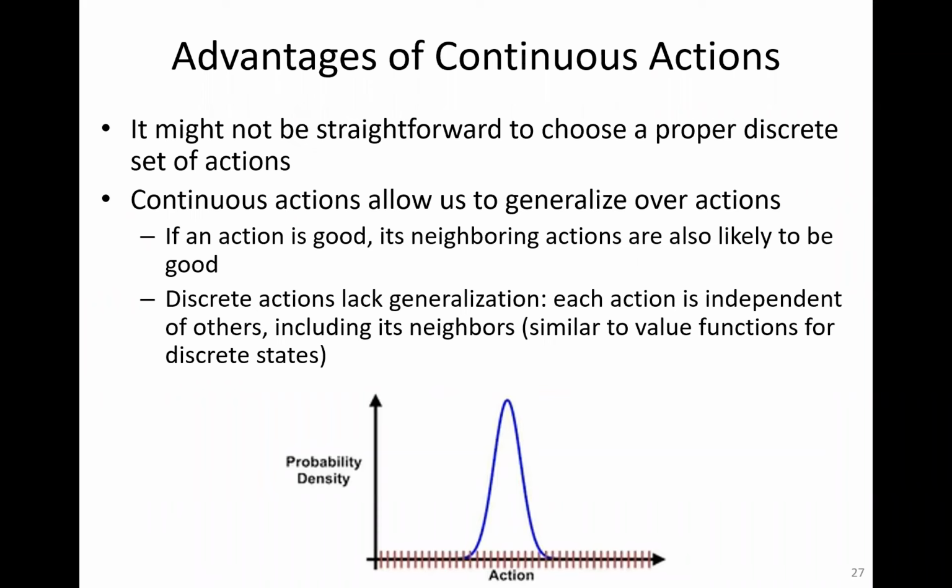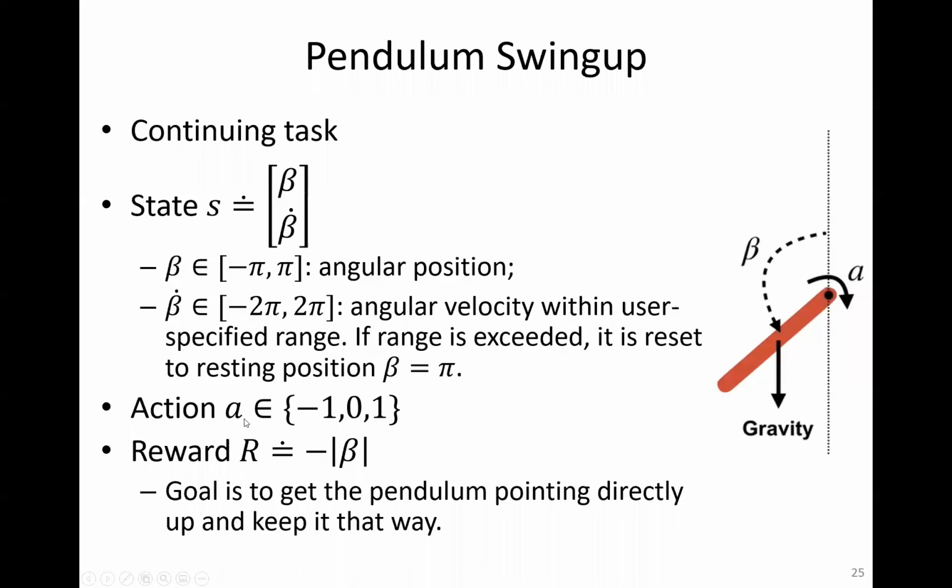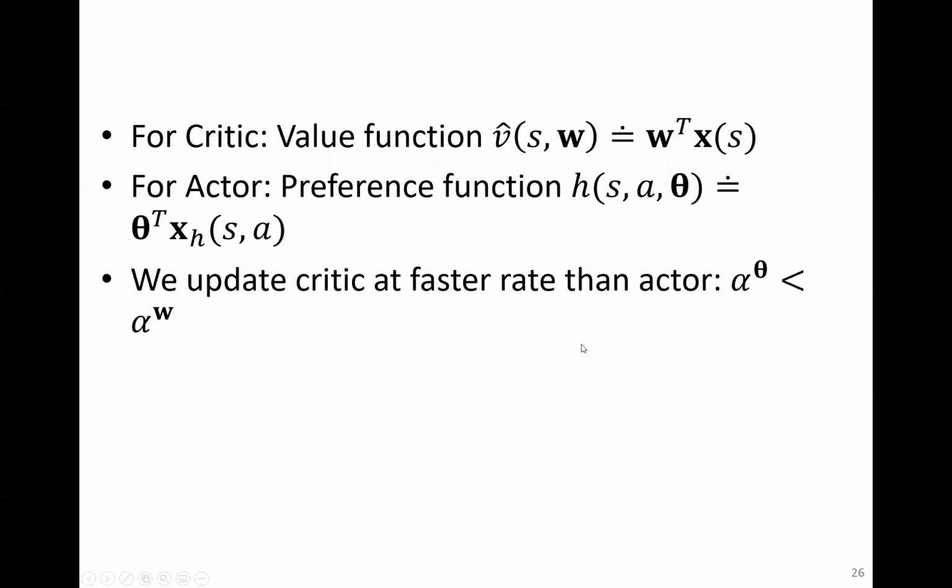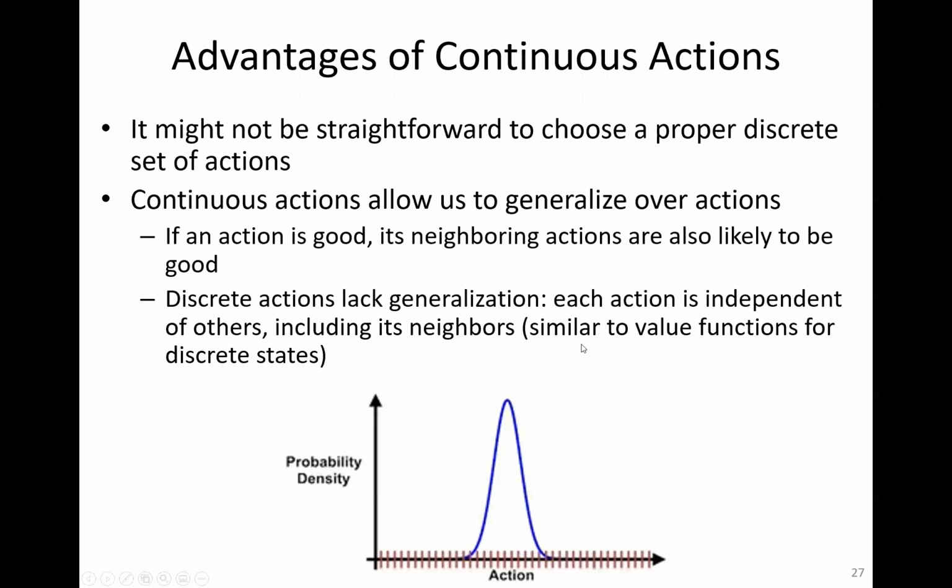So why do we have continuous actions? The one we saw before had discrete actions, three possible actions, but it's often desirable to have continuous actions. It may not be straightforward to choose a proper discrete set of actions.